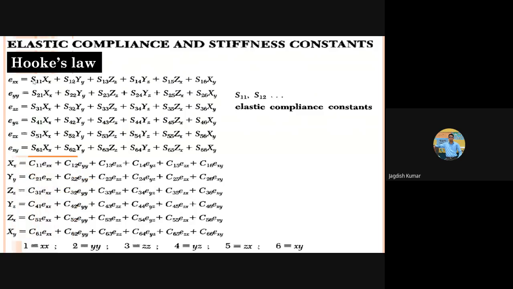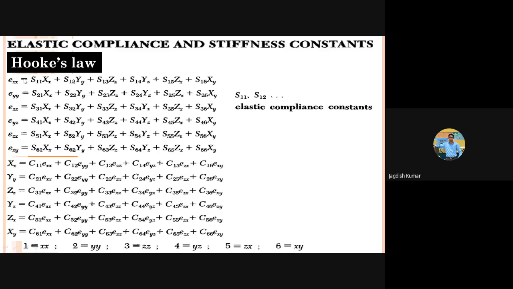If you do it the reverse way, writing stress in terms of strain, because both are related, since if there is a stress there is going to be a strain, and if there is a strain there is going to be a stress, then these constants are C11, C12. This is just simple matrix algebra.